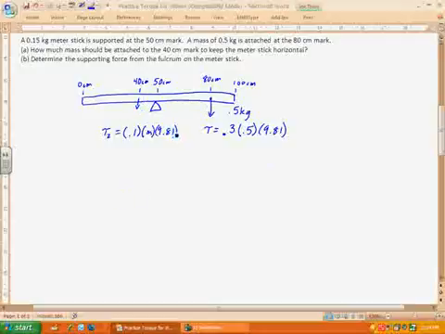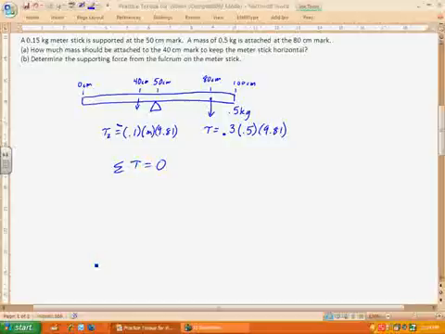Now in this case, it's going down, which is going to cause it to go counterclockwise. So this is going to be a negative torque. Okay? So now, if I want it to be at equilibrium, if I want it to balance and stay horizontal, then the sum of the torques has to be equal to 0.